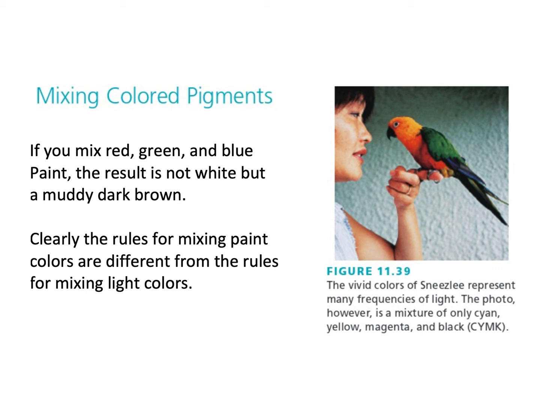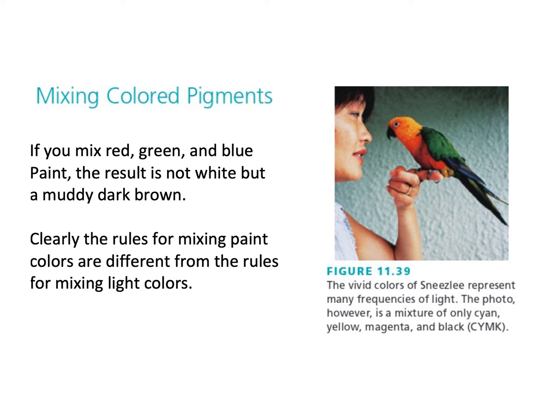Now, if you mix different pigments together, it doesn't work the same way as mixing actual lights together. And so, again, in the previous slide, we had like projectors that were projecting different colored lights, and we could make them overlap to mix them together. But here we're talking about having different colored paints.